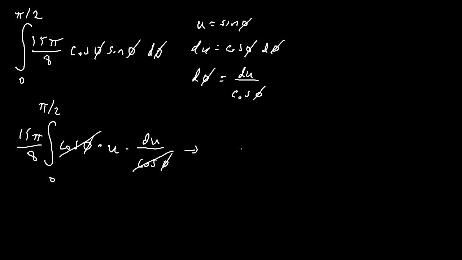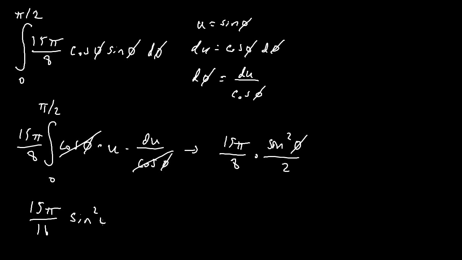Now the integral of u is going to be u squared over 2, so we'll get 15 pi over 8 times u squared over 2. Once again, u is sine of phi, so sine squared of phi over 2. Now if I go ahead and multiply those two, we'll get 15 pi over 16 times sine squared of phi.